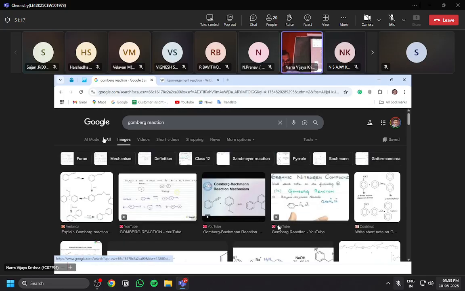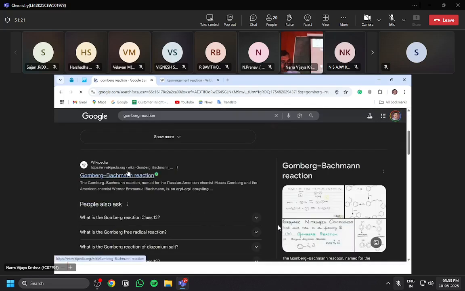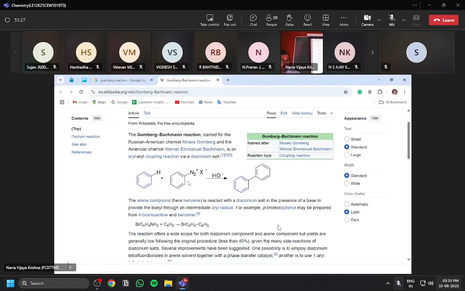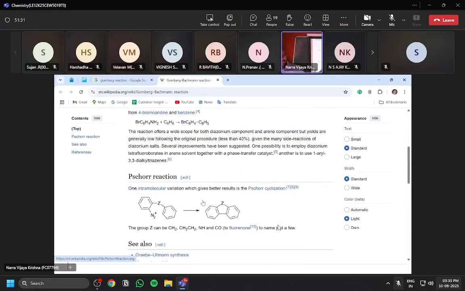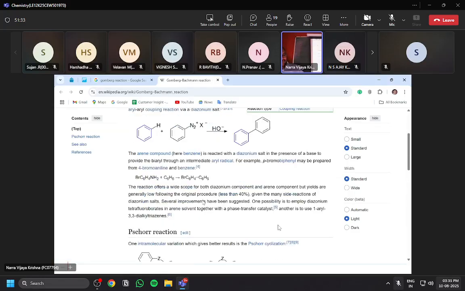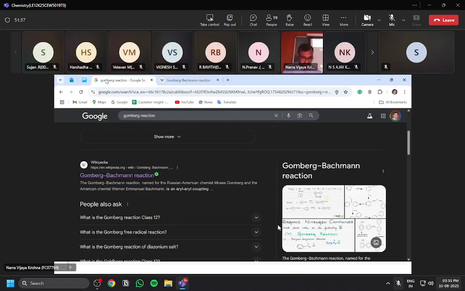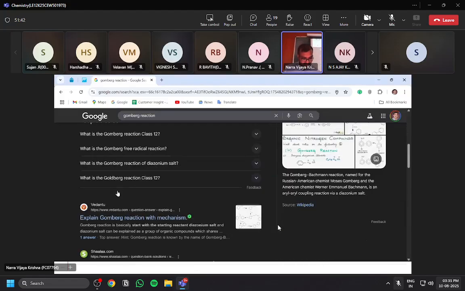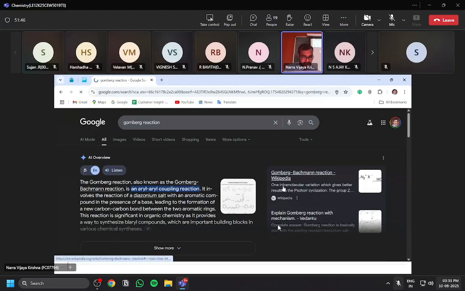It is not showing any radical mechanism. That's all. They have not given much. Where can we get it then? ChatGPT, AI mode.